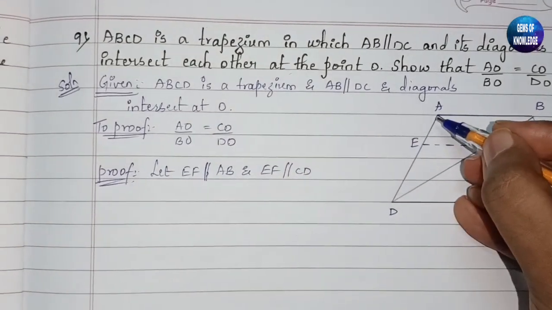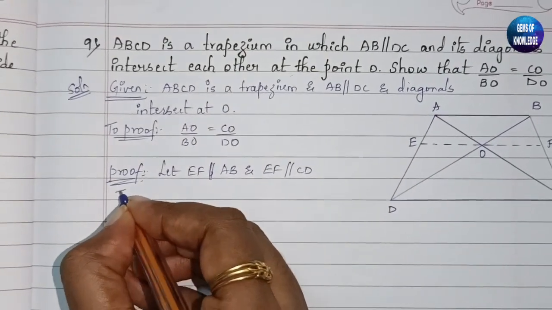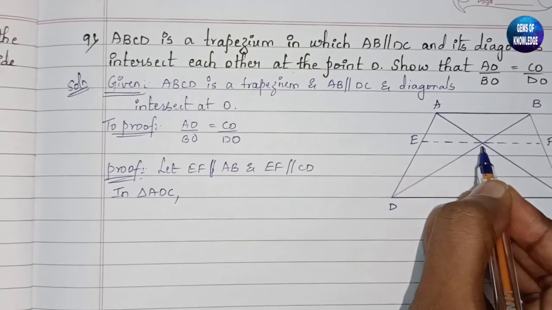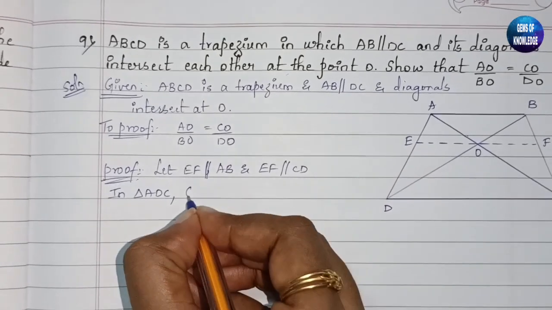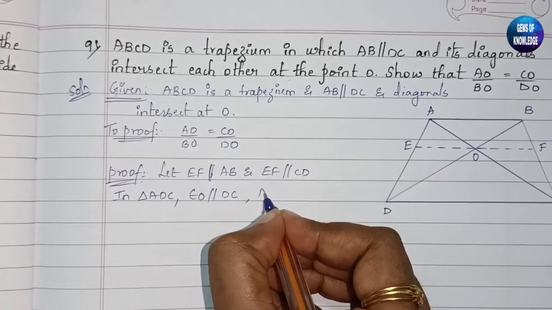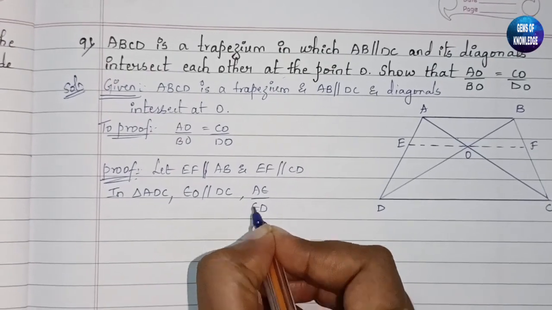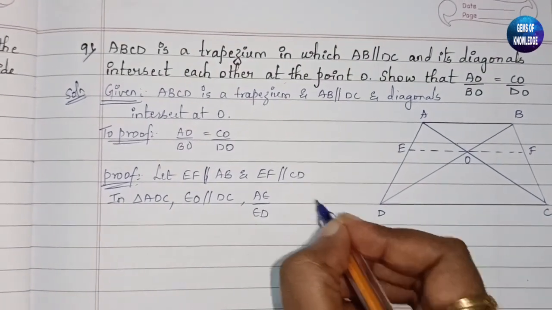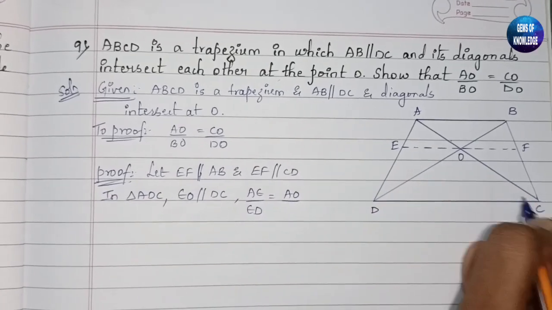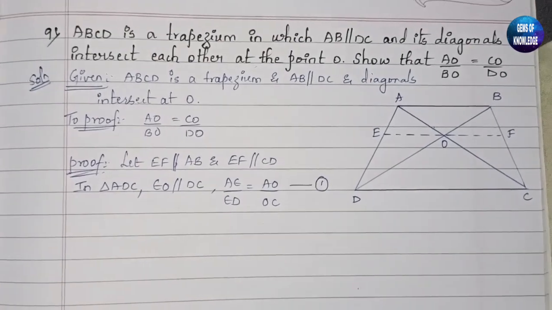Now we will consider triangle ADC. In triangle ADC, EO is parallel to DC. Then we get AE by ED is equal to AO by OC. We'll keep this as equation 1, since this is BPT.